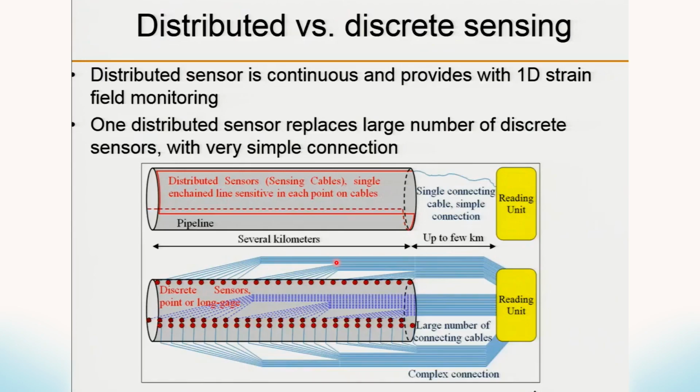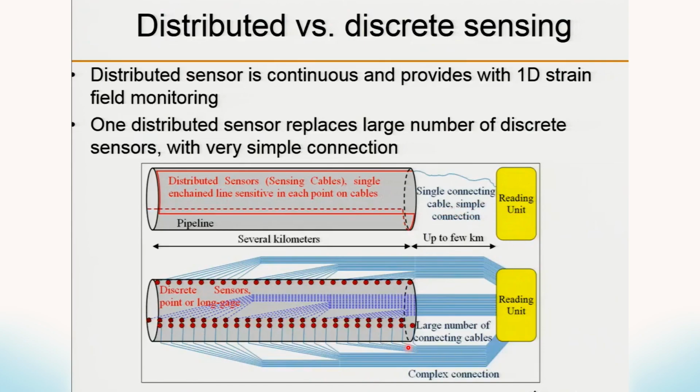Distributed versus discrete sensing: a distributed sensor is continuous and provides one-dimensional strain field monitoring. One distributed sensor replaces a large number of discrete sensors with a very simple connection. For example, the distributed sensor has a single connection cable simply connected to the reading unit.